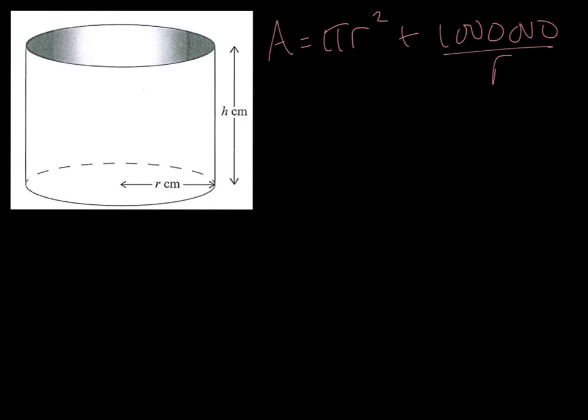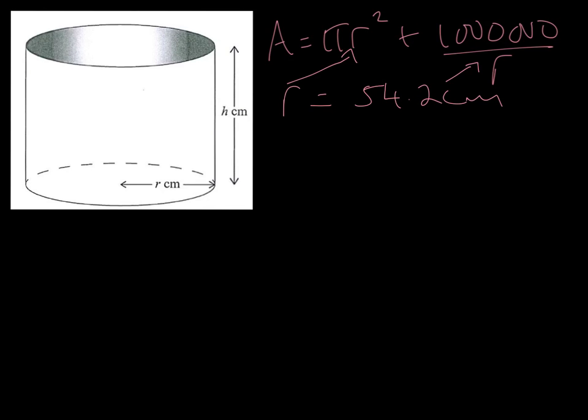In part G, we are asked to find the value of this minimum area. So we found that the value of the radius which minimizes the area was equal to 54.2 centimeters. So in order to find out the minimum area, all we're going to do then is substitute this value of r into the equation for the area.